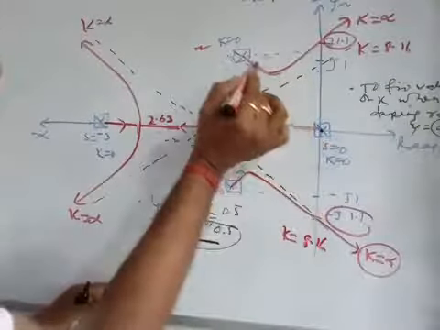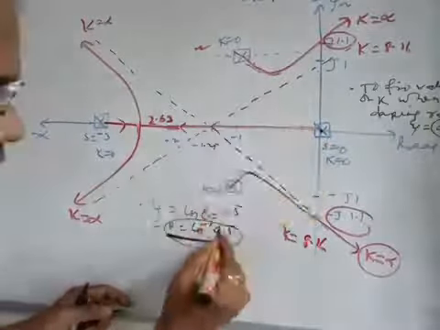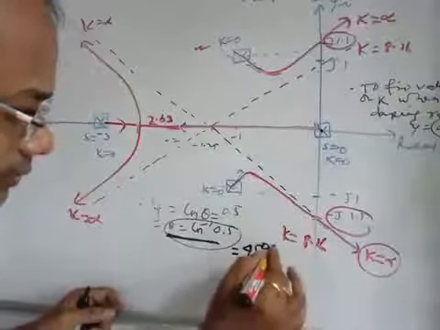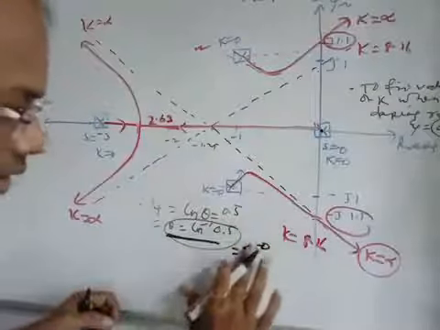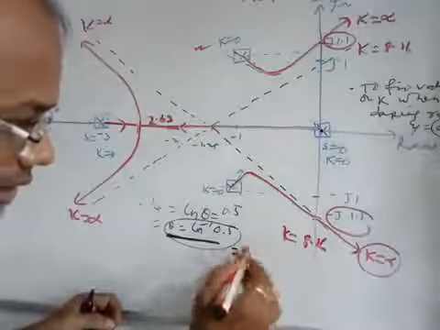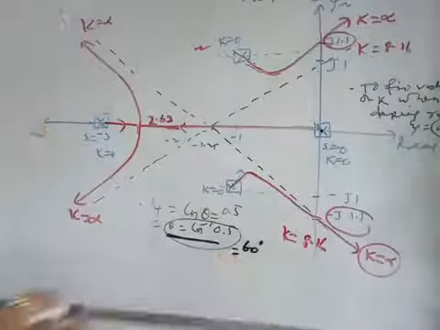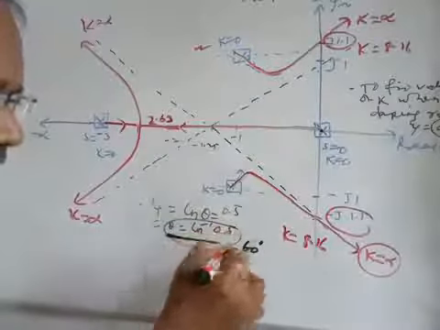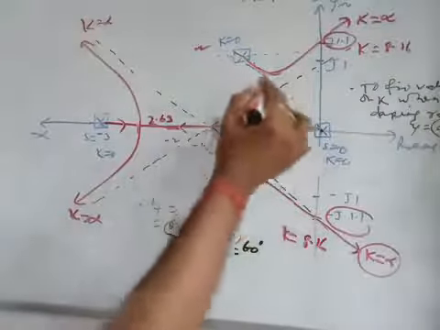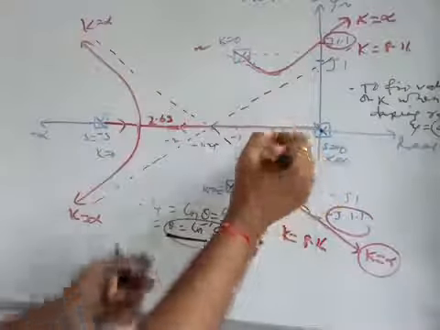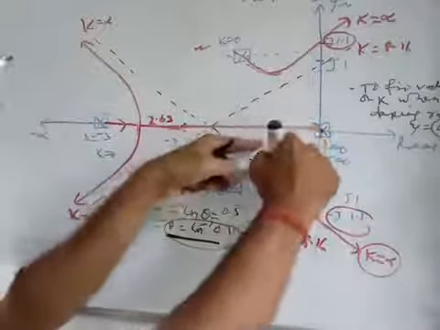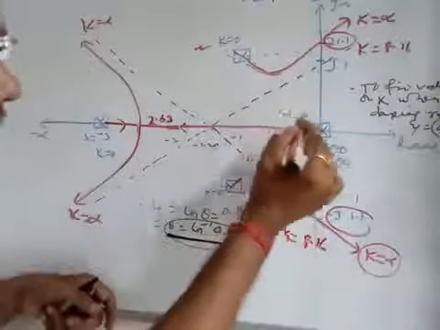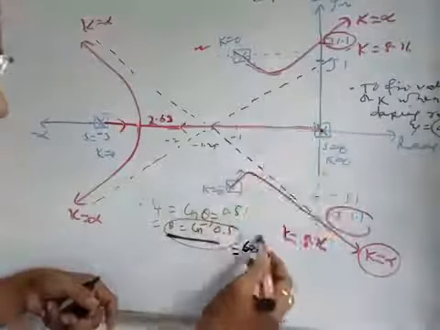This is the procedure. So cos inverse 0.5 is 60 degrees. So you have to make an angle of 60 degrees with respect to the horizontal line.